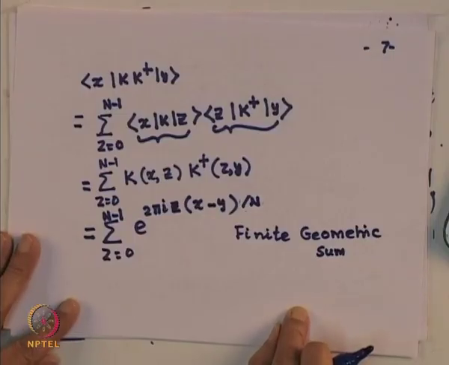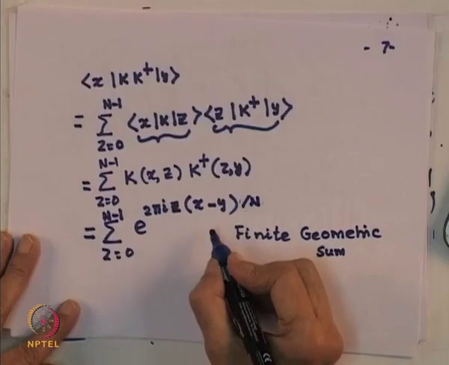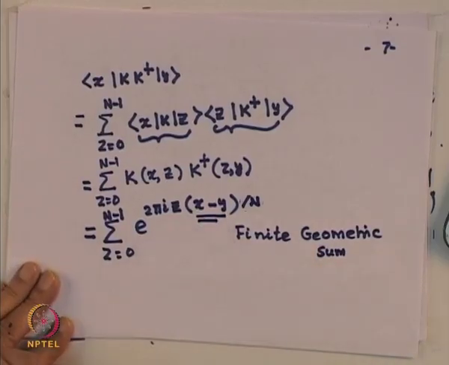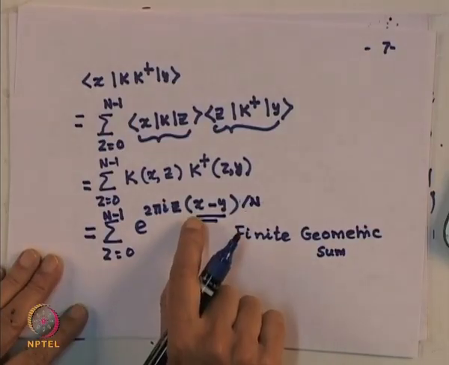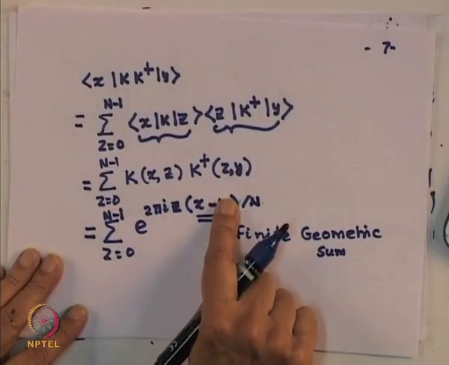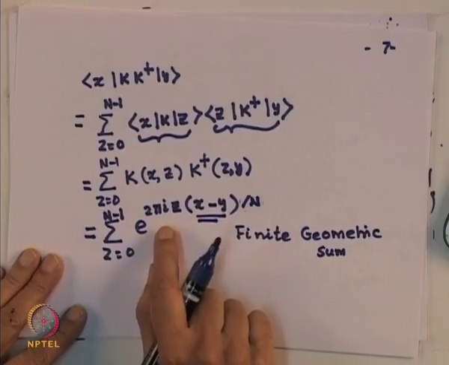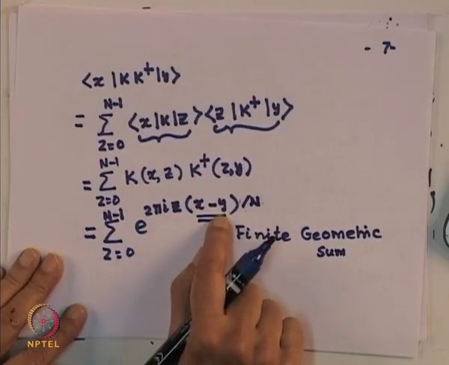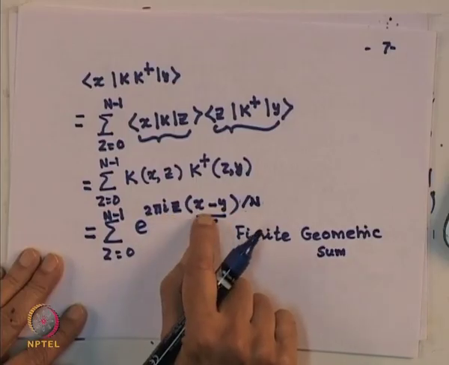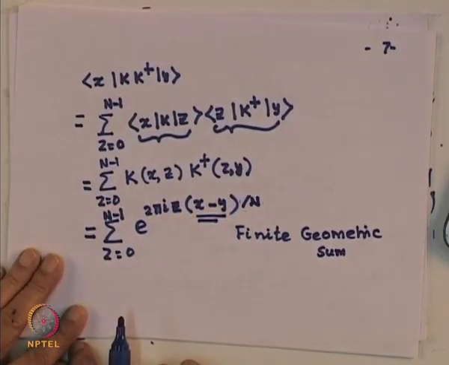But before I do that, I have to realize that this term x should not be equal to y. Now if x is not equal to y, so that this is not equal to 0, then my common ratio is e to the power 2 pi i times whatever that quantity is.